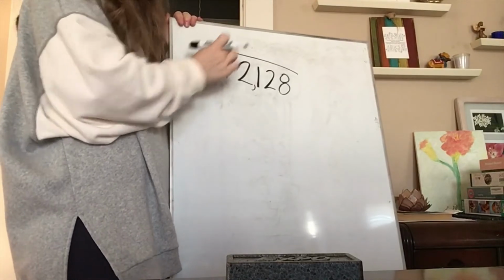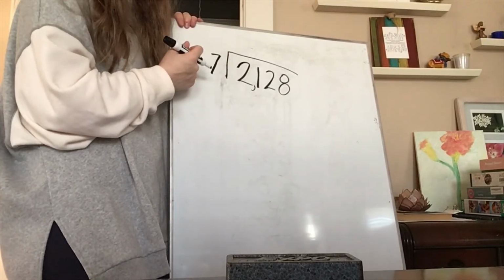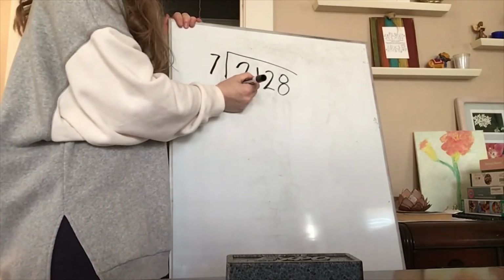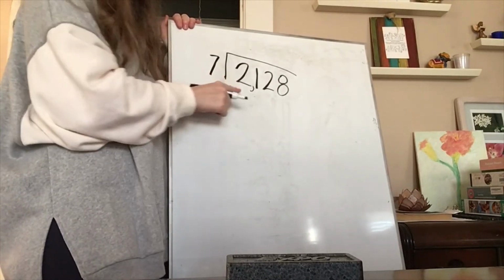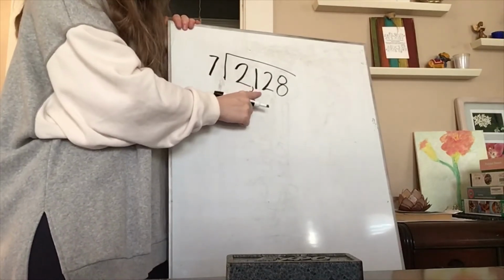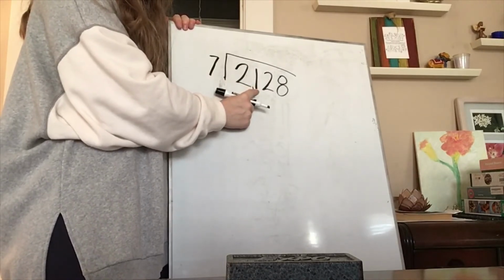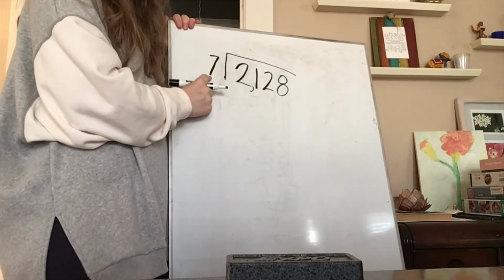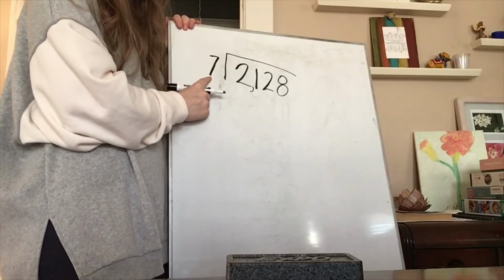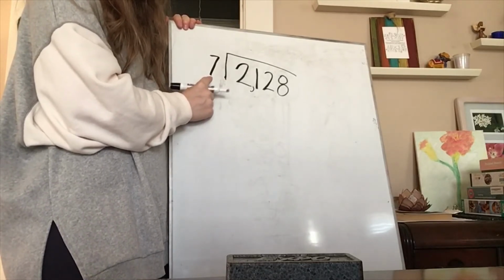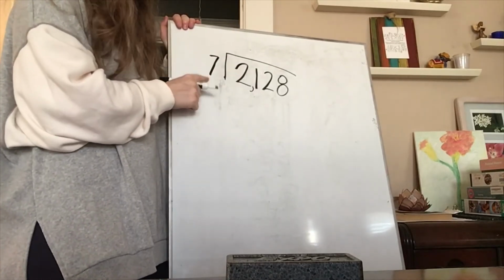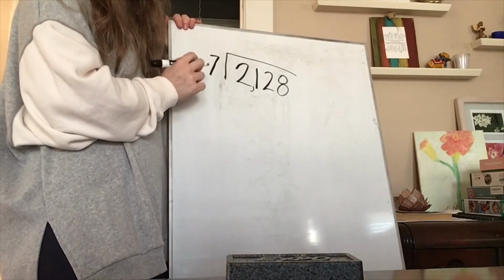No, we just move over 1 digit. Does that mean we're seeing how many times 7 goes into 1? No, we're seeing how many times 7, our divisor, will go into 21. Good.